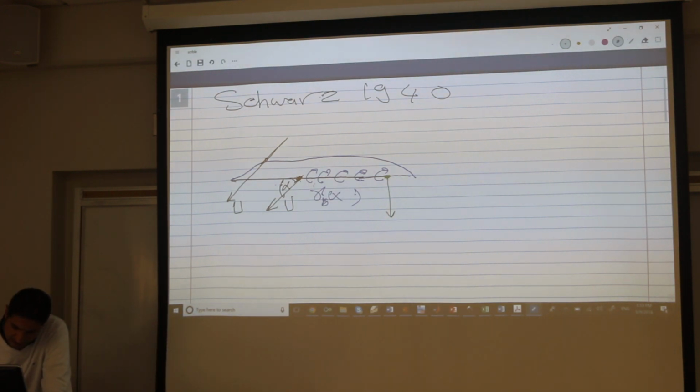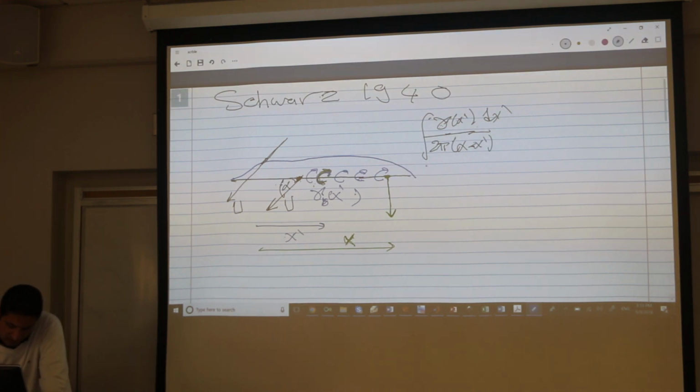So this vortex at a location, say x prime, induces a velocity here at a location x, by the well-known relation gamma over 2 pi times the distance, and the distance is x minus x prime. This is at x prime, dx prime, and we will integrate from negative b to b.